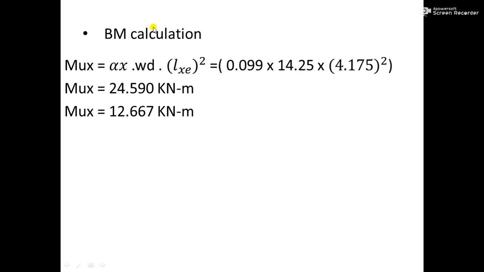Now bending moment calculation, that is bending moment along x direction and bending moment along y direction. See the formula, alpha x into factored load into Lx square, that is alpha x 0.099, factored load 14.25 into 4.175 square. It comes to 12.667 kilonewton meter.